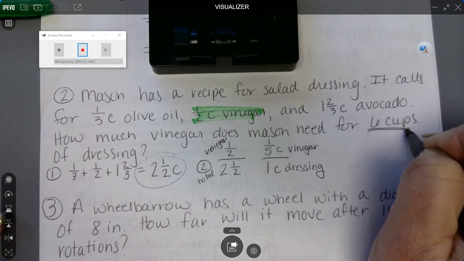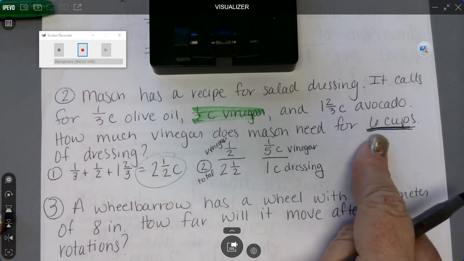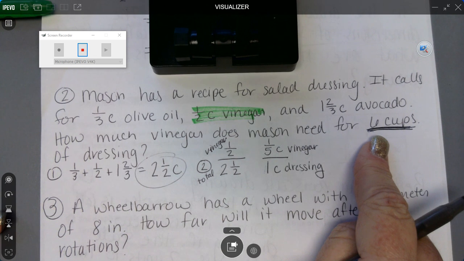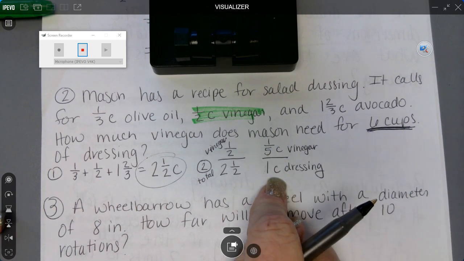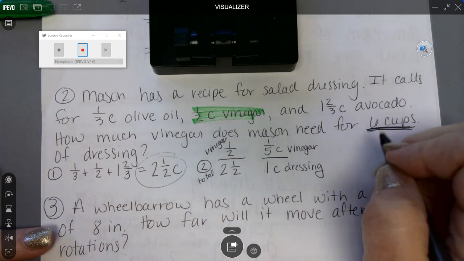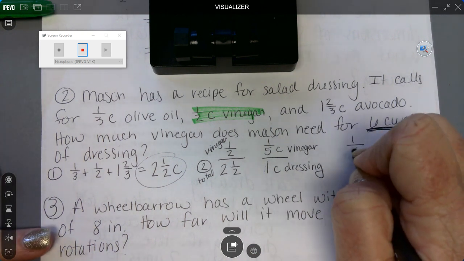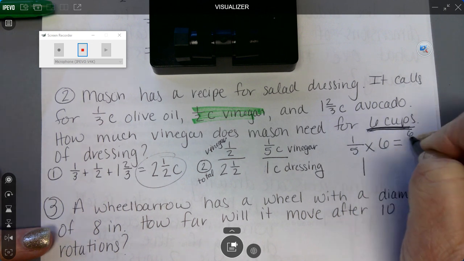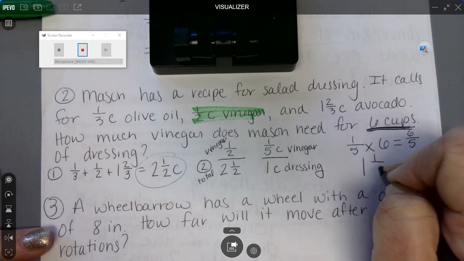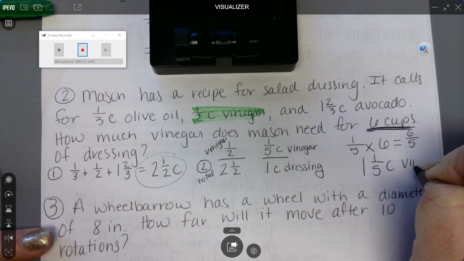Yeah, how many cups of vinegar I need for 6 cups of salad dressing. So what do I do to 1/5? Multiply it by 6. So 1/5 times 6 comes out to be 6/5, which is 1 1/5 cups of vinegar.